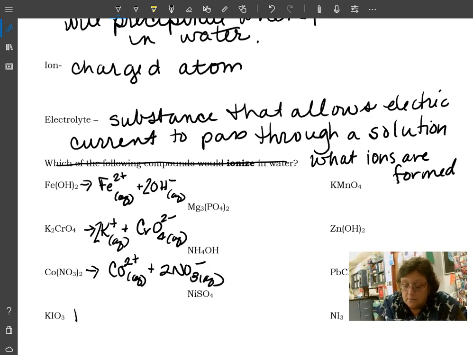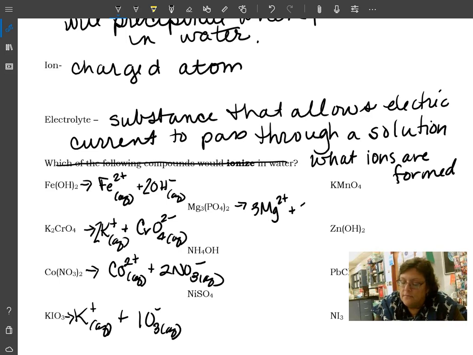Potassium iodide will dissociate into potassium ions and iodide ions. Magnesium phosphate will dissociate into magnesium ions and phosphate ions. Ammonium hydroxide will dissociate into ammonium ions and hydroxide ions.